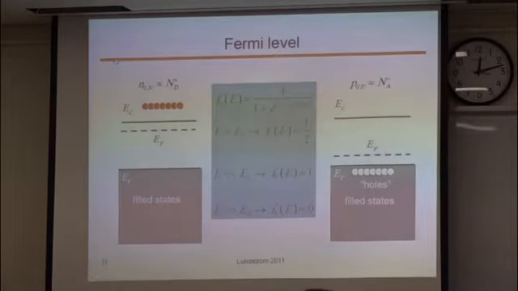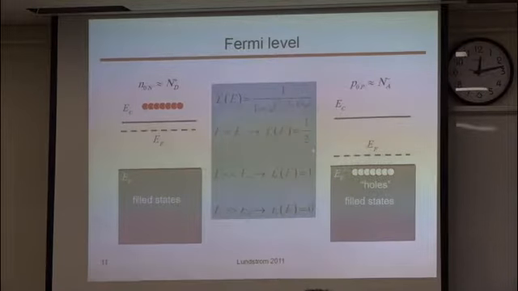The main concept is that at the Fermi level, we can find electrons with half probability. So if we try to find an electron 10 times, then 5 times we can find electrons. That is why f is half at the Fermi level.